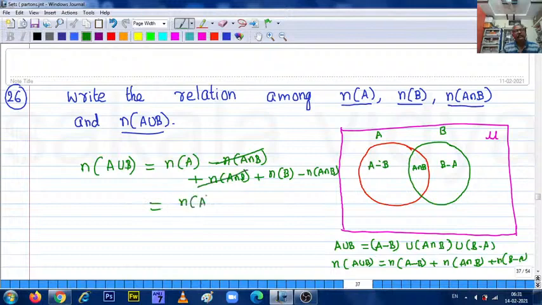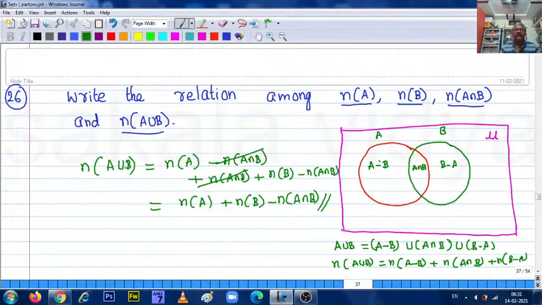We have n of A plus n of B minus n of A intersection B. So this is the relation among n of A union B, n of A, n of B and n of A intersection B.